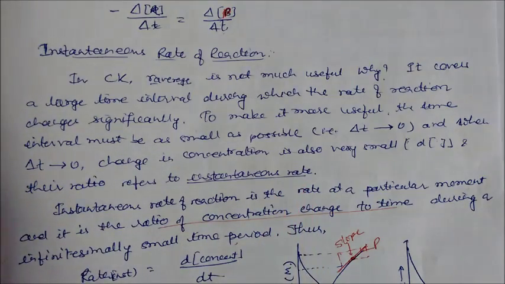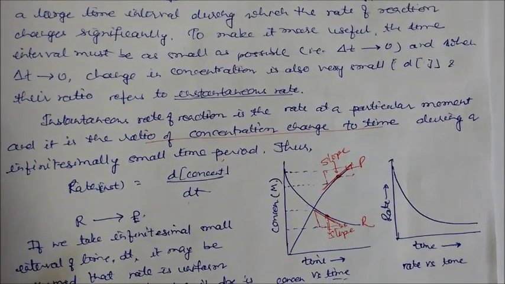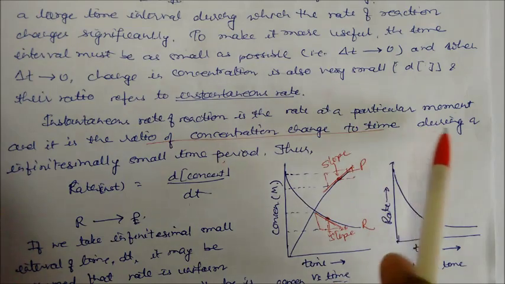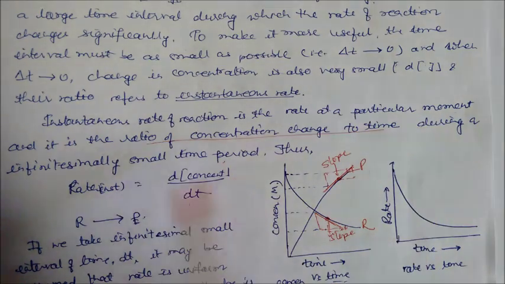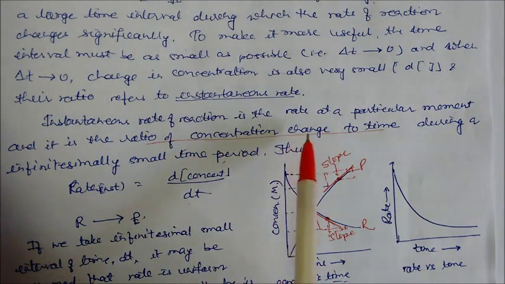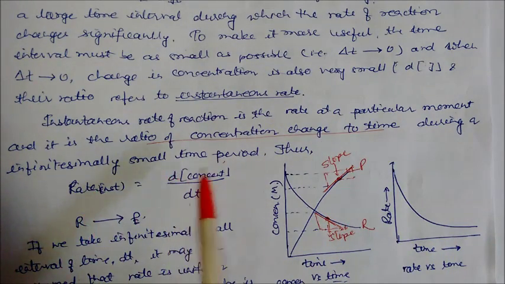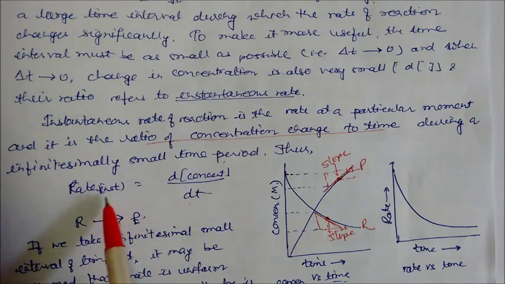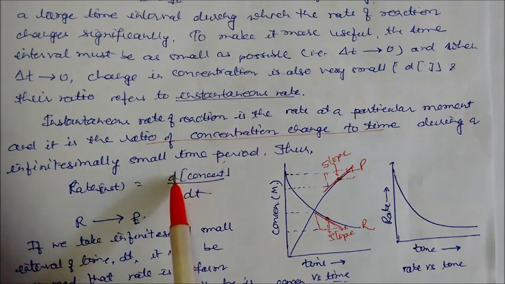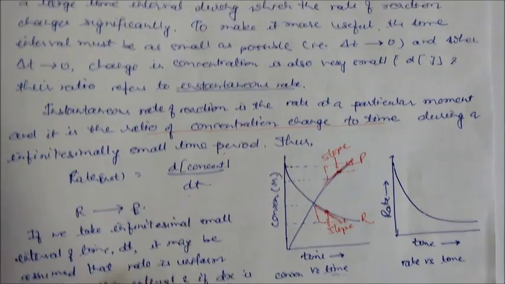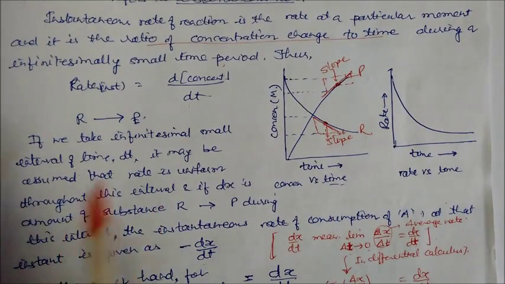Their ratio refers to the instantaneous rate. We can define the instantaneous rate of reaction as the rate at a particular moment. It is the ratio of the concentration change to time during an infinitesimally small time interval. So we can write the instantaneous rate is equal to d of concentration by dt. Here I have drawn the case when the reactant is converted into products.